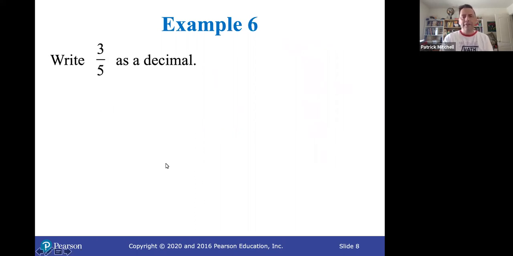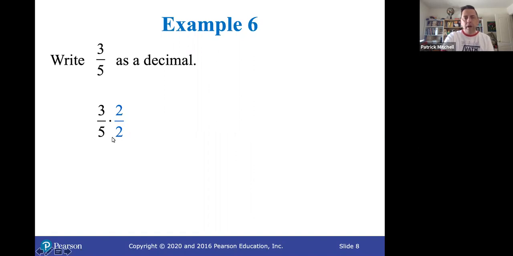All right, 3/5. That's a pretty easy one. Oh, they're doing this one a little differently. Now, you can do this one the same way we did the other ones. Nothing wrong with that. They're just pointing out that because 5 is a factor of 10, it's also really easy to just multiply the top and the bottom of this fraction by 2.